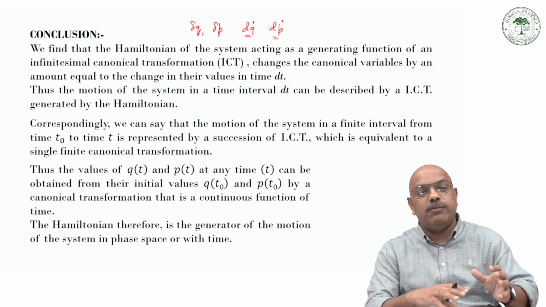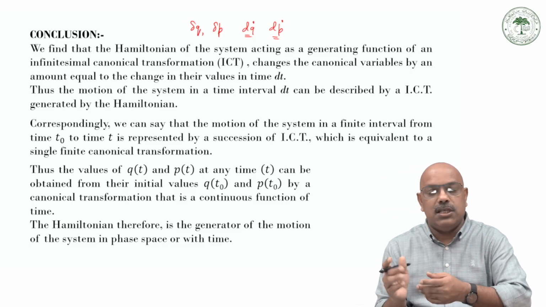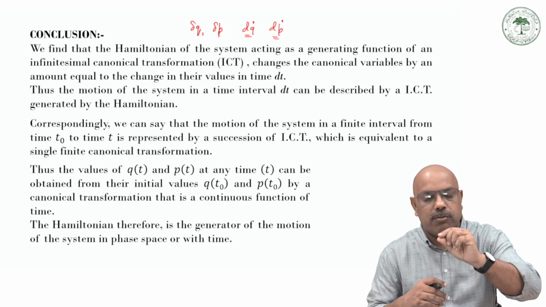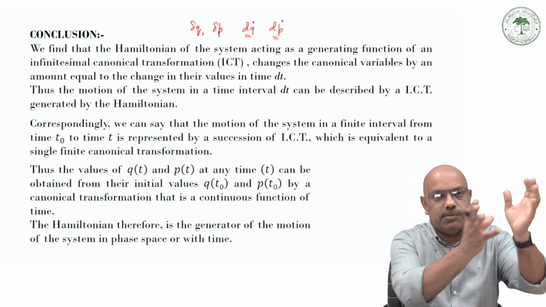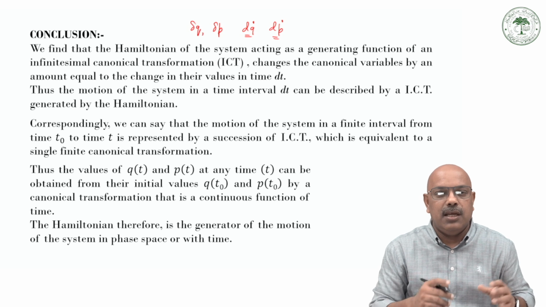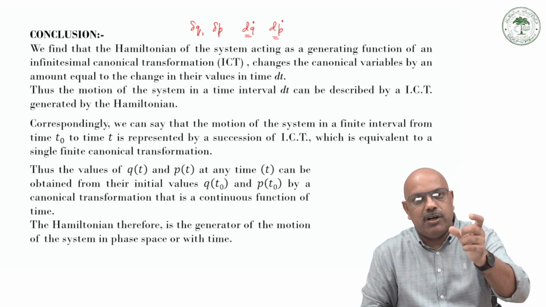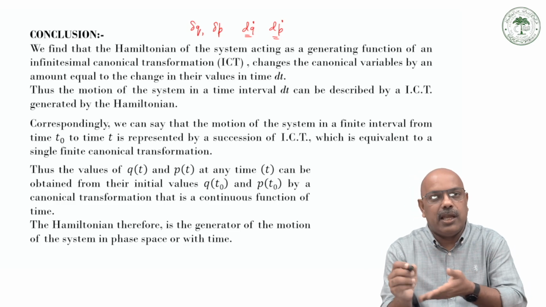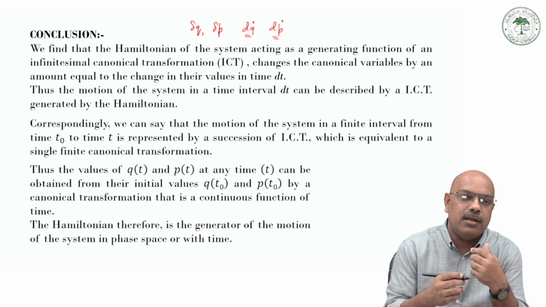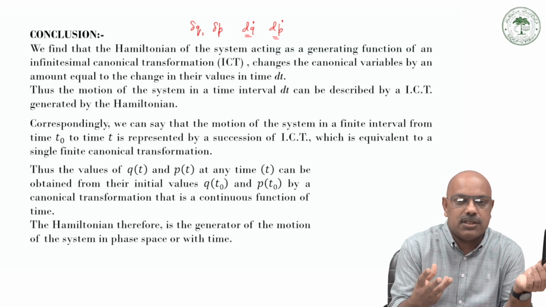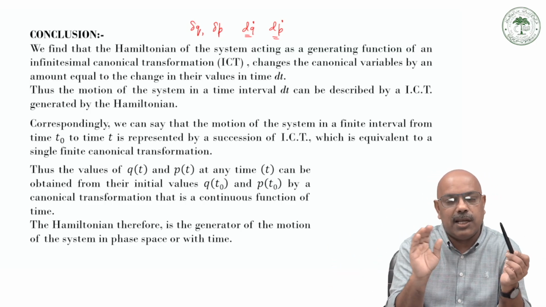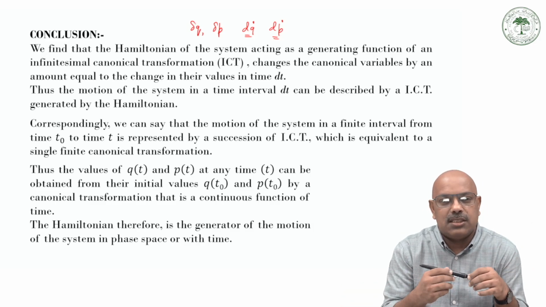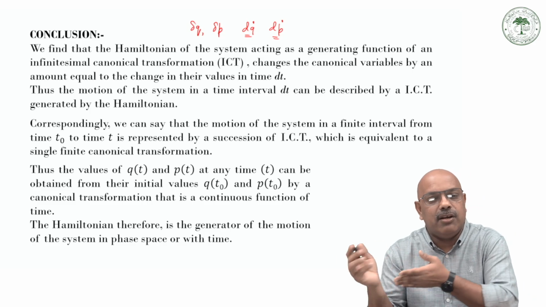If you are seeing the motion of the system in time interval dt, you are in the same phase space, and the transformation of your system from one point to another in a very small, infinitesimal time interval delta t can be described by the infinitesimal canonical transformation generated by the Hamiltonian of the system itself. If you sum over all these infinitesimal canonical transformations from a certain time t0 to t, that is equivalent to a single finite canonical transformation.